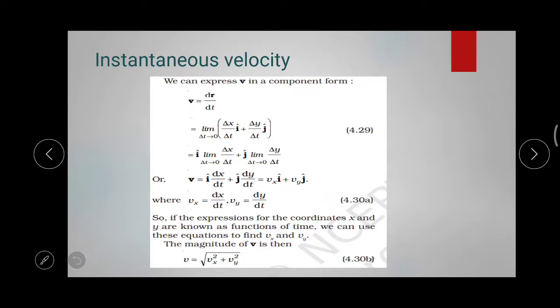The limit delta t tends to 0. When delta t is almost equal to 0, the delta x value will also be very negligible.